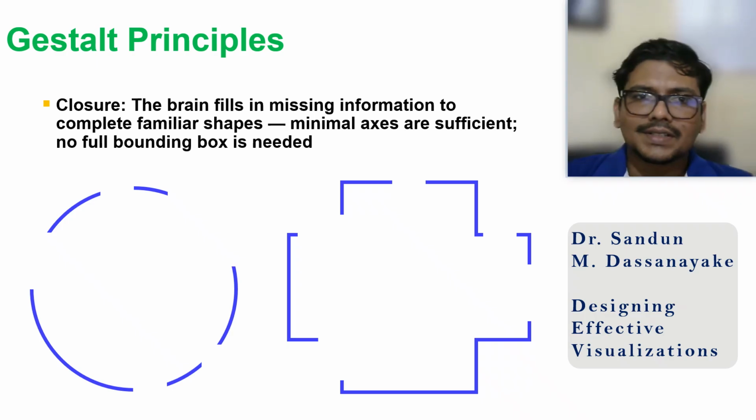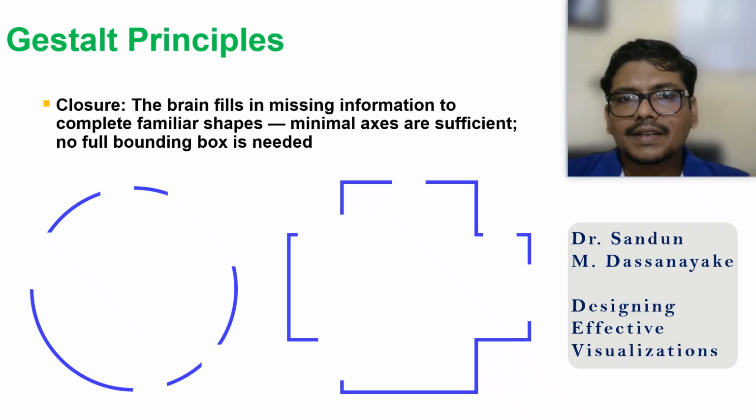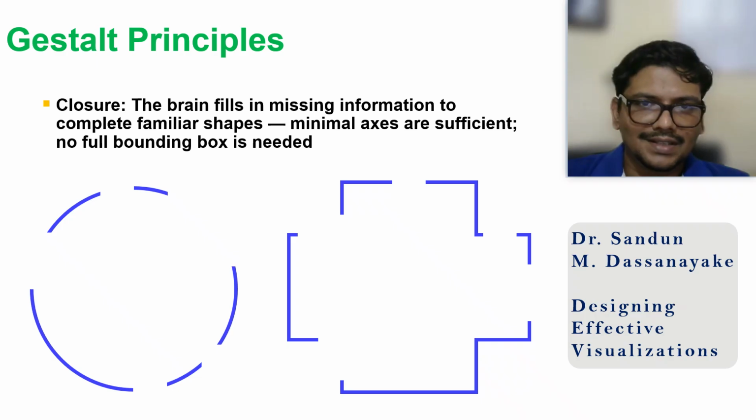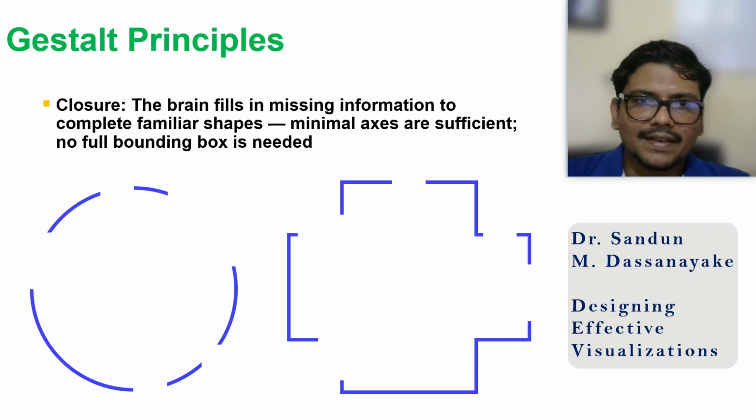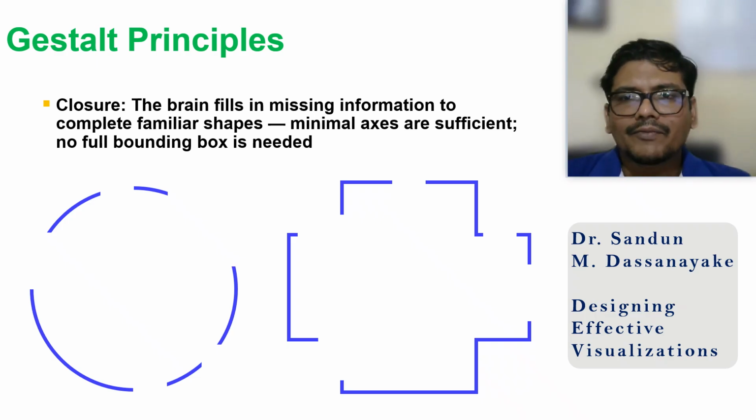Another important Gestalt principle is closure. The brain automatically completes a familiar shape from incomplete visual information. This is why a chart can drop most of its bounding box, keeping just a partial x-axis and y-axis, or even neither, and viewers still mentally see the missing frame.